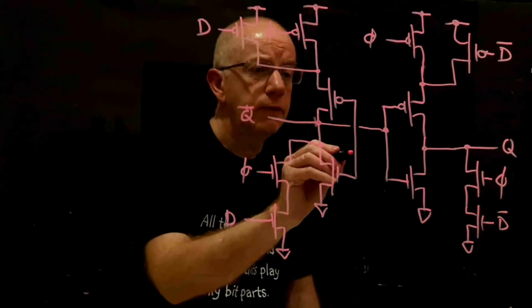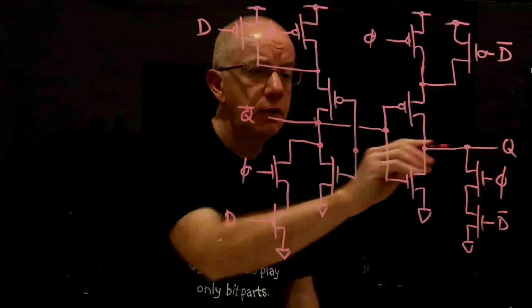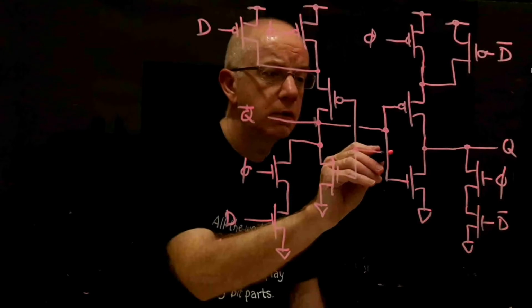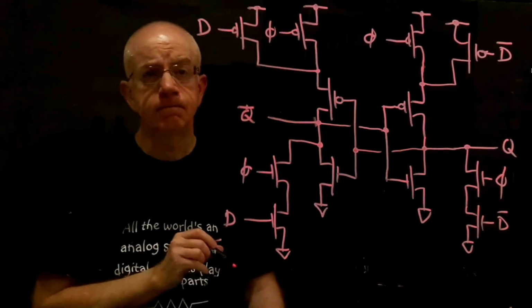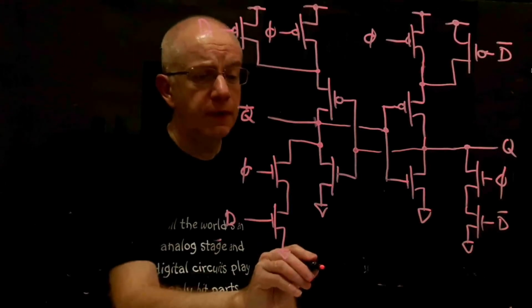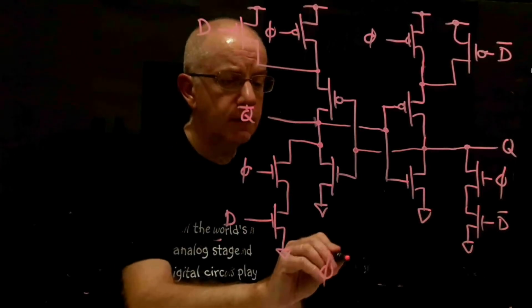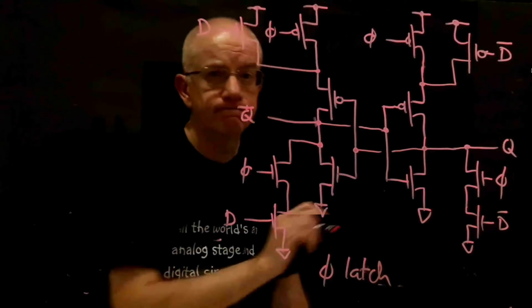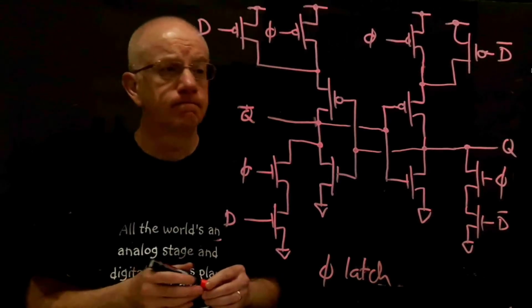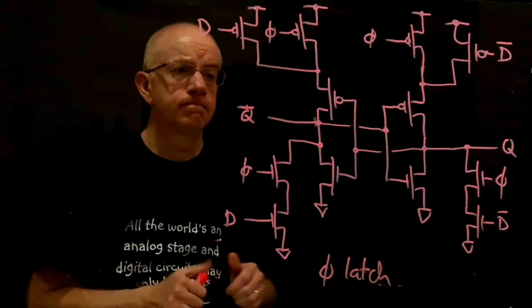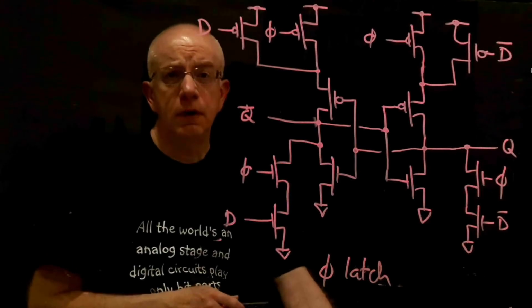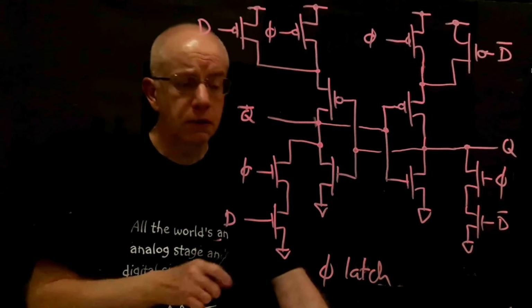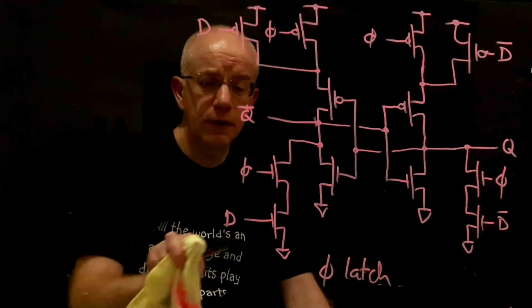And then we have here Q as an input to this guy. So this is the phi latch. All right, so if you imagine phi being low, let's imagine phi being low.